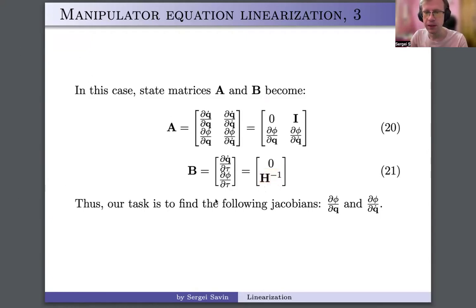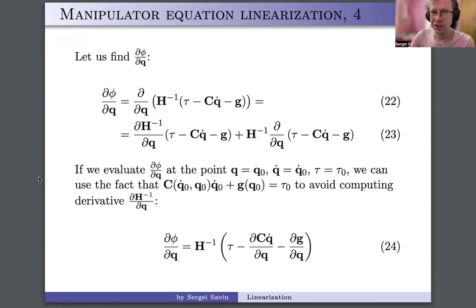Okay, let's go on. Now, the problem is we need to find the Jacobians, d phi dq and d phi dq dot. How easy is it going to be? Well, d phi dq is basically d dq of this expression, H inverse times tau minus C q dot minus g.